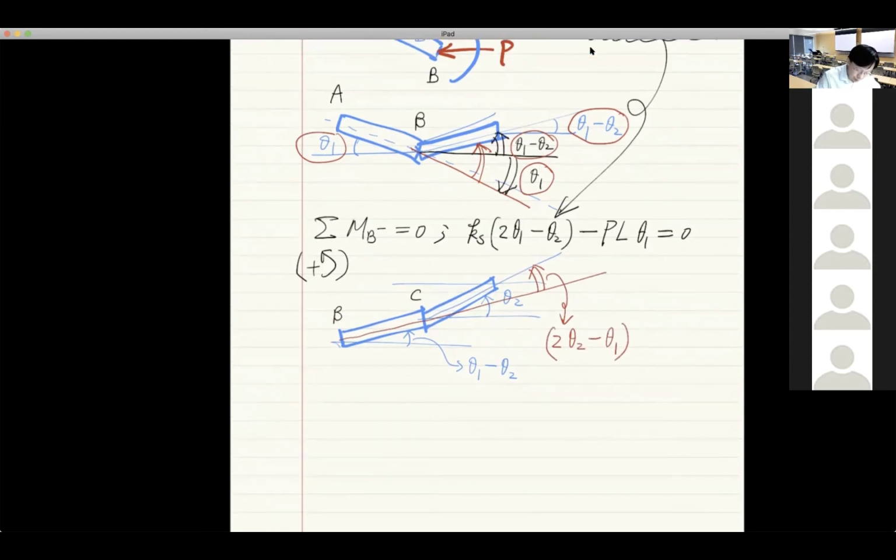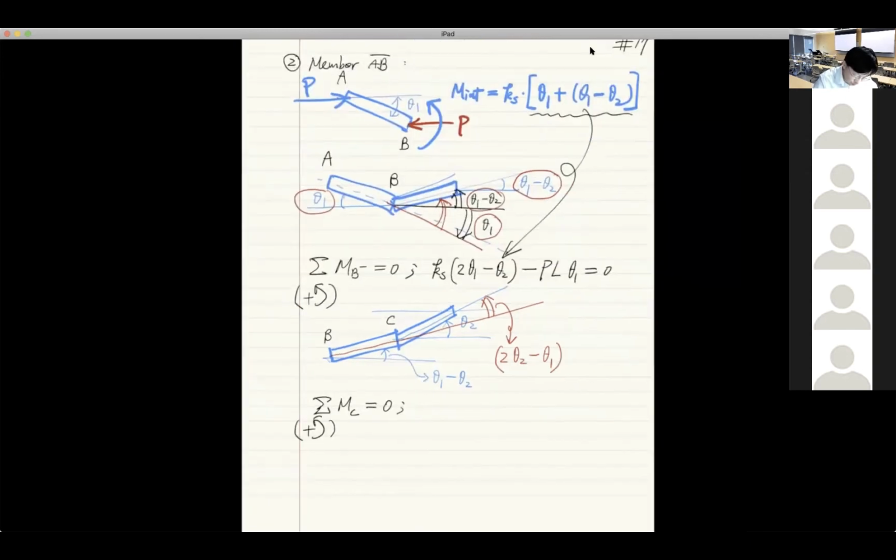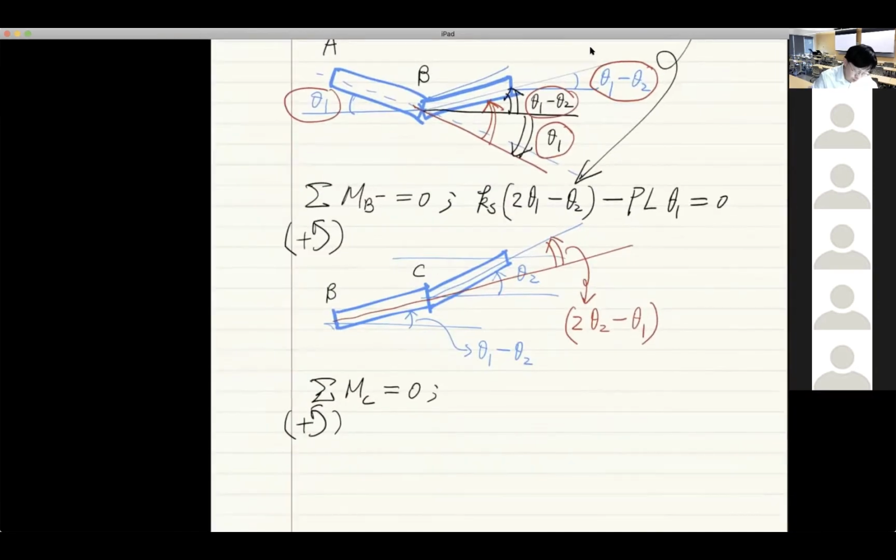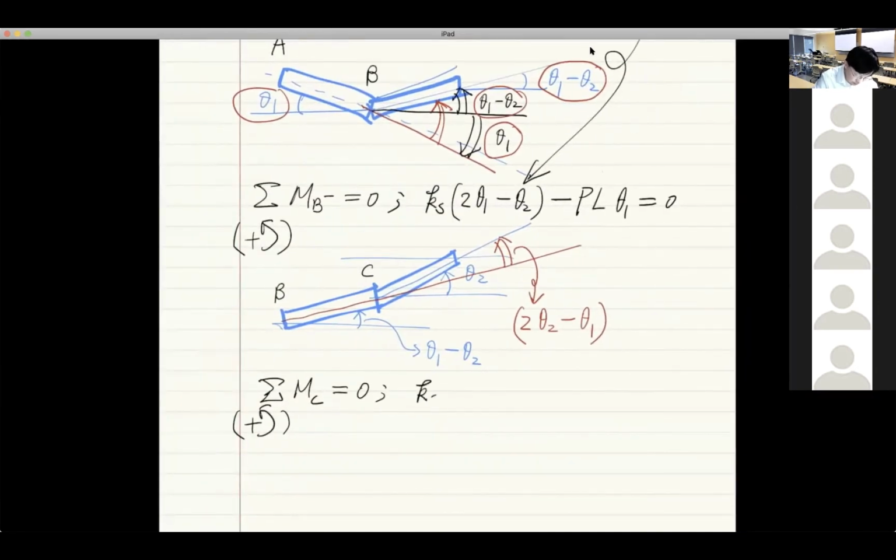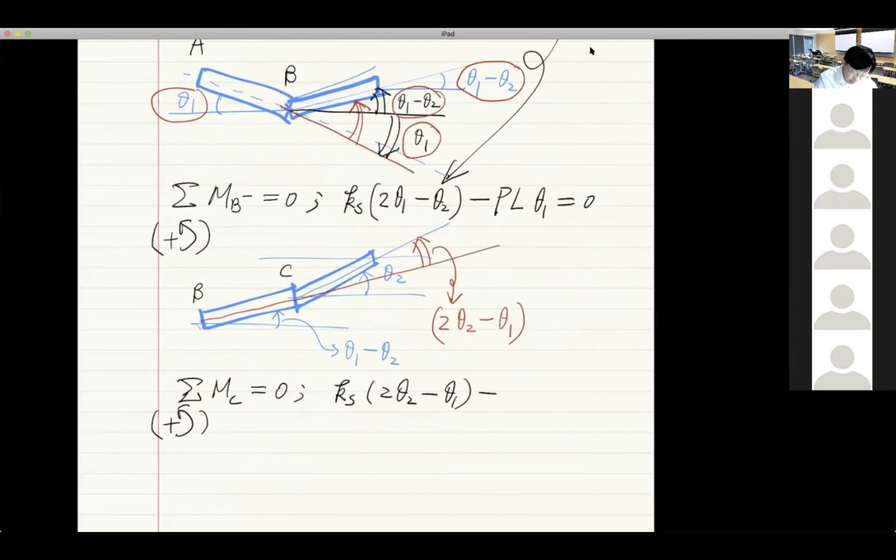So by taking the moment equilibrium at point C to be 0, and also by using counterclockwise as the positive direction, the moment equilibrium condition will give us this expression, which is Ks times 2 theta 2 minus theta 1 minus P times L times theta 2 will be 0.